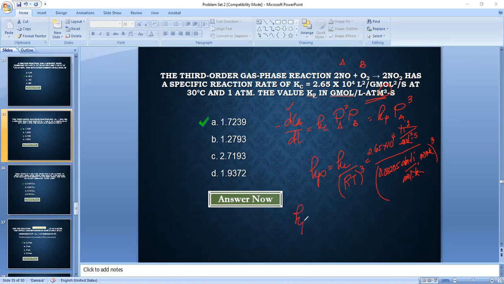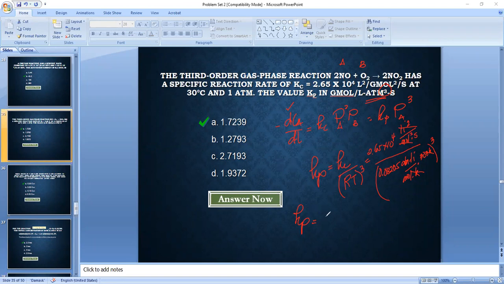So your K sub P is equal to, you can do that, it would be something like this, I think. The value would be 1.7, let's see. You will have 2.65 times 10 raised to 4 divided by the quantity 0.08205 times 303 raised to 3.